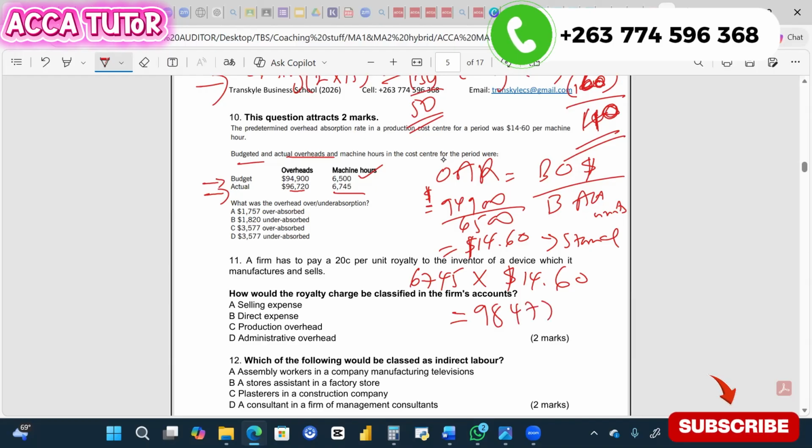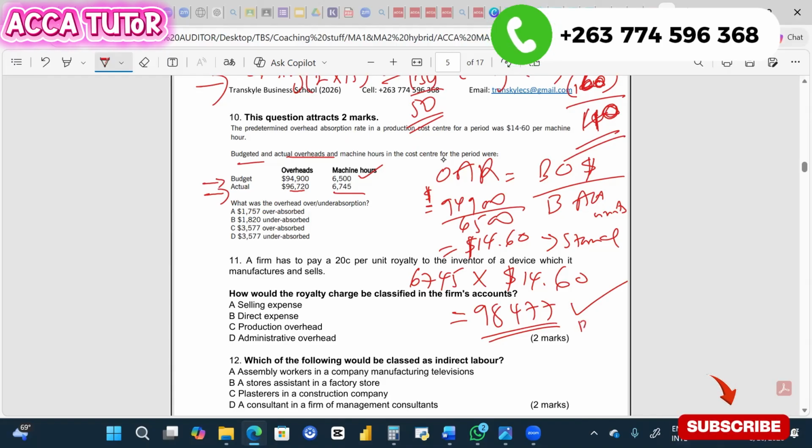98,477. Yes. So, based on standard hours, we should incur a cost of 98,477. This is our budget, all right?